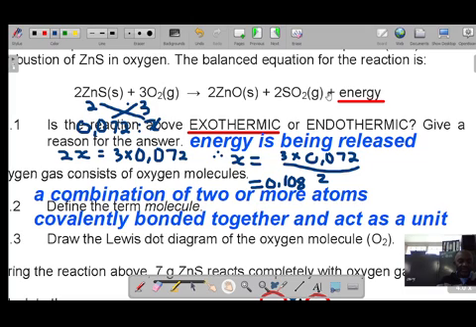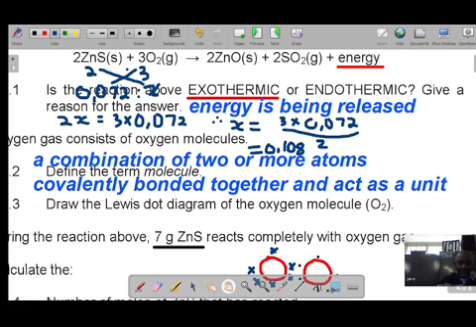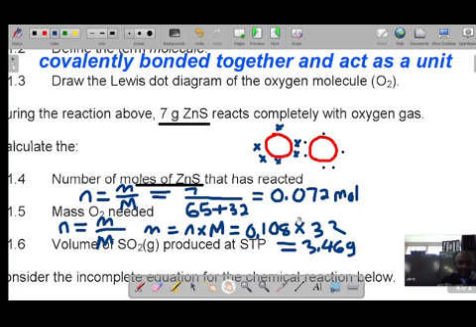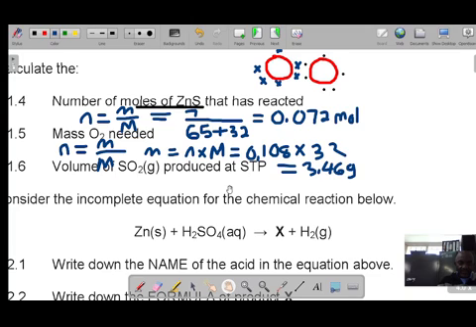So I can now get my volume. What was it for zinc sulfide? The moles were what? Let's check it again. It was 0,072. So that's what I have to use here.